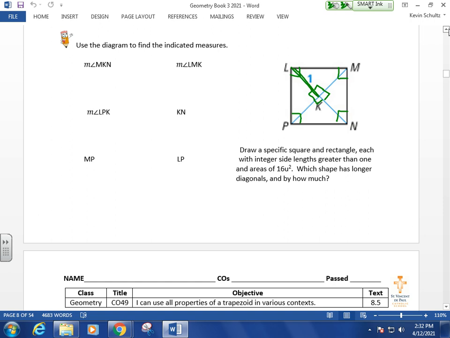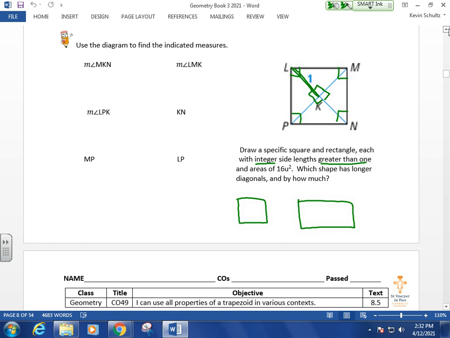Okay? So what would the side lengths of a square be to get an area of 16 if those side lengths have to be integers, so no decimals, no fractions, and greater than 1? Okay? And then how about for the rectangle? What side lengths would the rectangle need to have for an area of 16 with integer side lengths that are greater than 1?